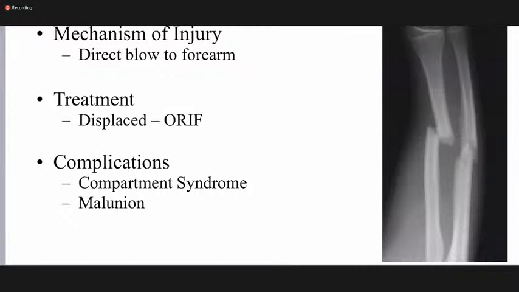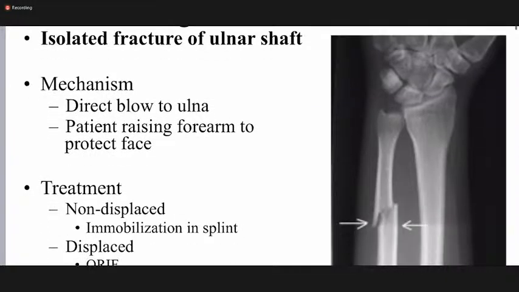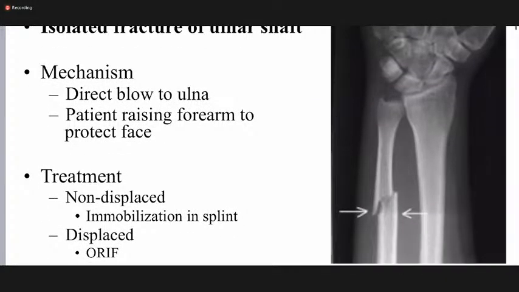A nightstick fracture refers to an isolated fracture of the ulna. The common mechanism is a direct blow to the ulna. At night, someone is attacked and they put their hand up so as to block their face.